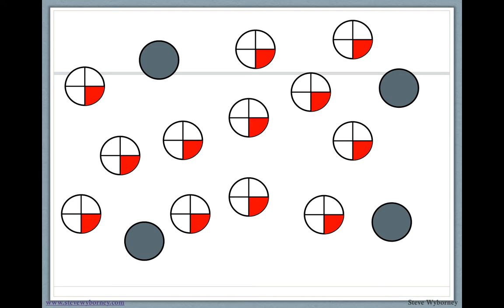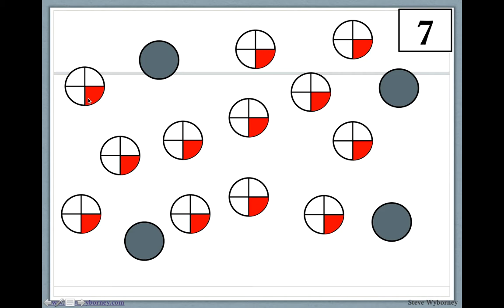Go ahead, count it, pause the video, and press play when you're ready. Did you say 7? Did you see all of them? So you have 1, 2, 3, 4, 1/4, 2/4, 3/4, 4/4.